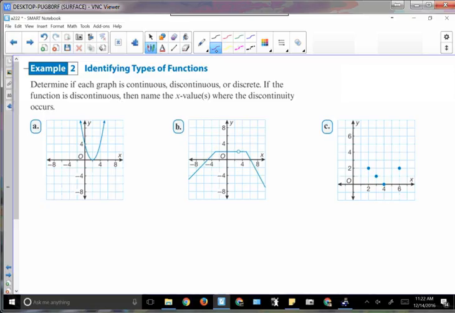Continuous. It continues on over here, so we've got one that's continuous. Do I have to do anything else? No. So the next one, is it continuous, discontinuous, or discrete? Okay, so I got discontinuous here.